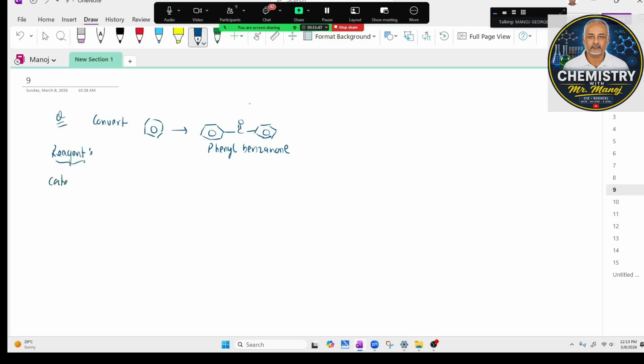The catalyst, we agree, is AlCl3. Now, what exactly do I want to put on the benzene ring? I want to put this on the benzene ring, correct? This is my RCO. So suggest the reagent now.